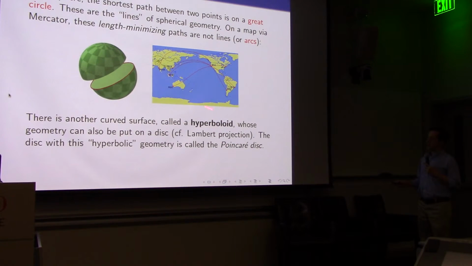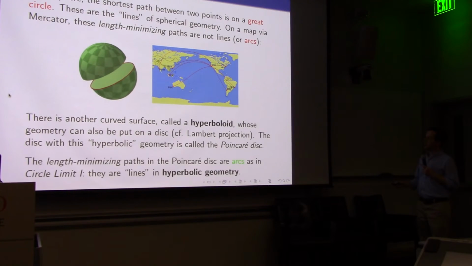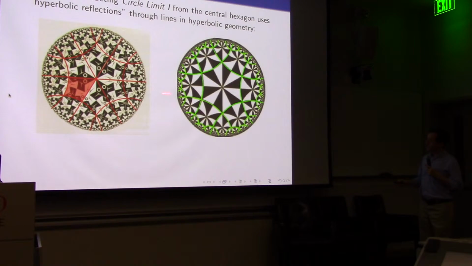And if you take shortest distance paths in the hyperboloid, the analogs of great circles, well, what are the analogs of these plane trajectories? Well, those are exactly the arcs in the circle limit picture. So these paths in the geometry of the Poincare disk are in fact length minimizing from the hyperboloid surface into here. And the important point is that once you have a notion of distance, there's a well-defined way of generating a notion of reflection.